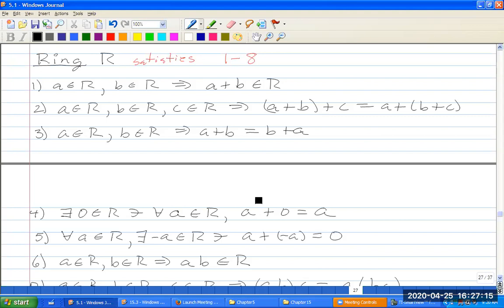The additive identity 0 plus any quantity A is equal to the same quantity A.